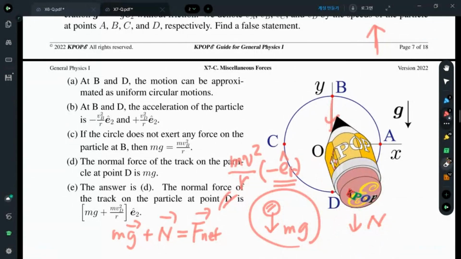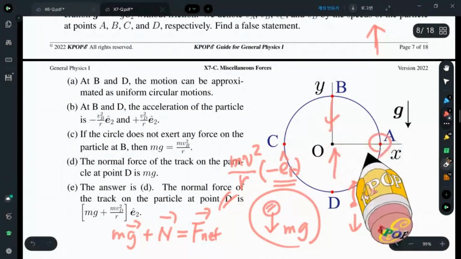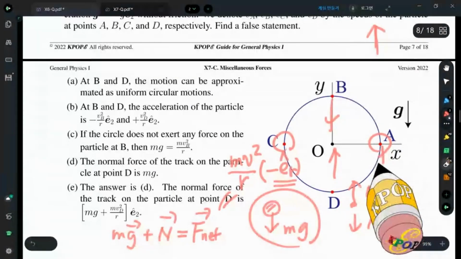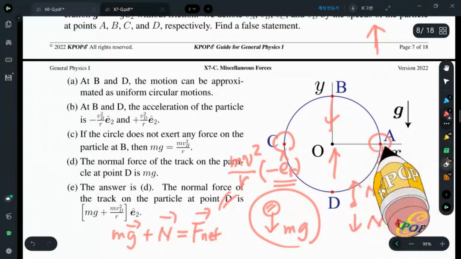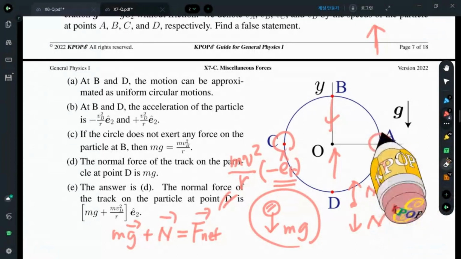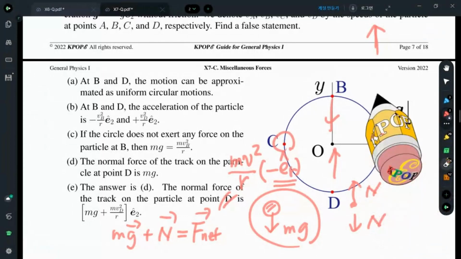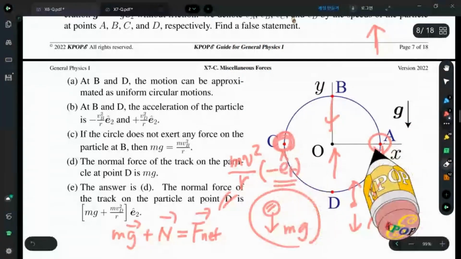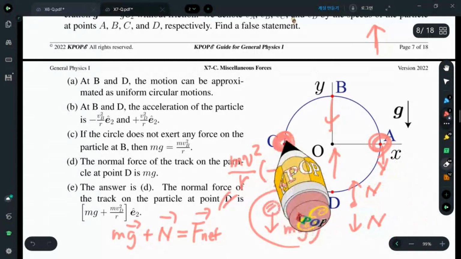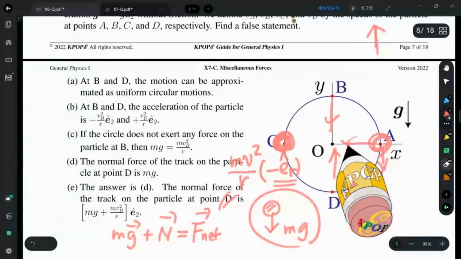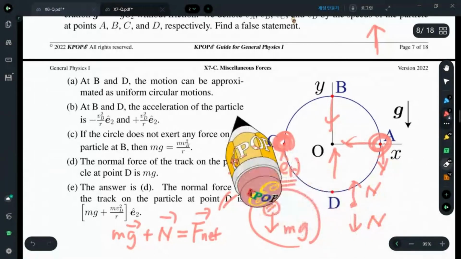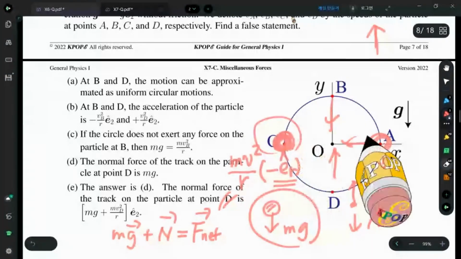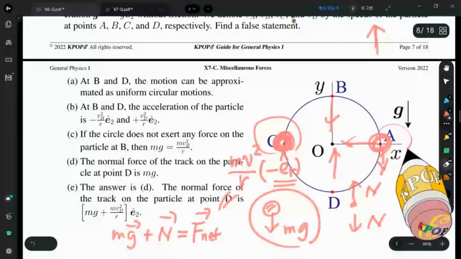Okay. At A and C, it is accelerating, and normal force does not apply a tangential force because we do not have friction. So at these two points, the direction of the force is not toward the center. So that's the reason why I do not ask any question regarding points A and C.